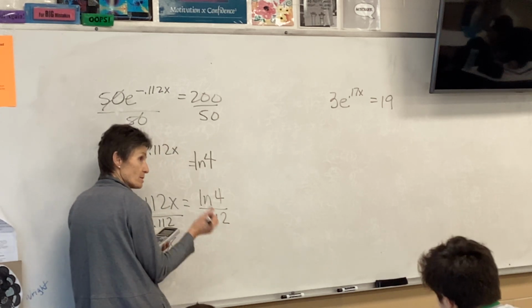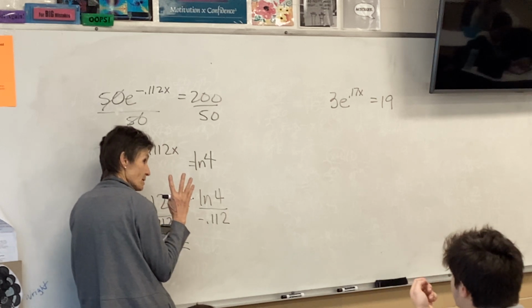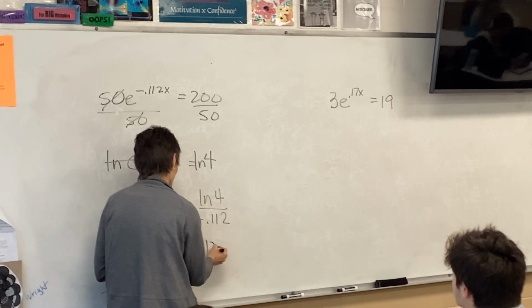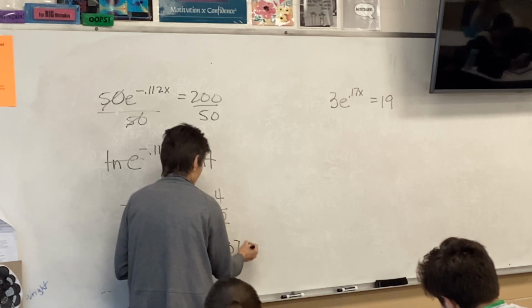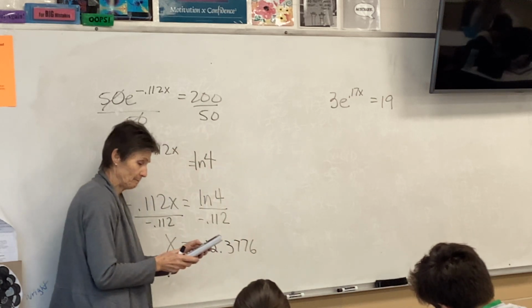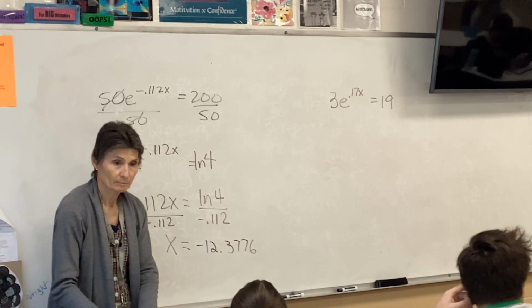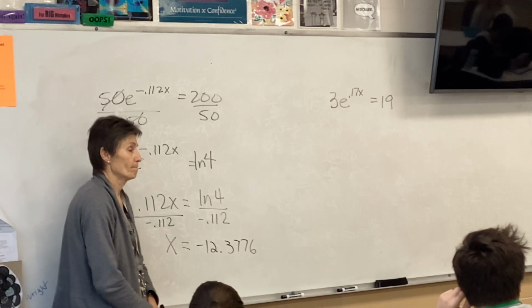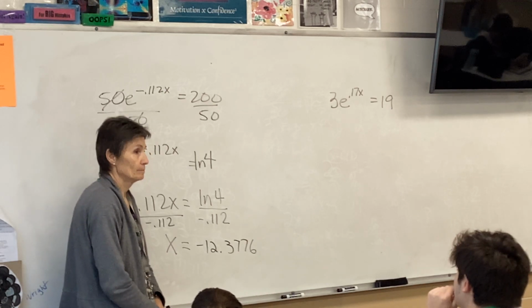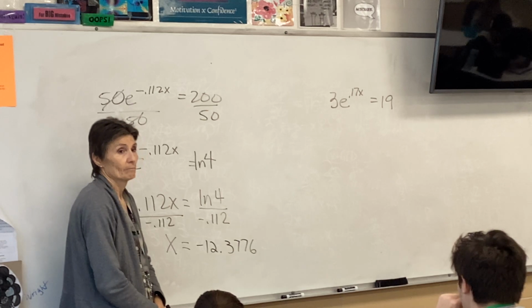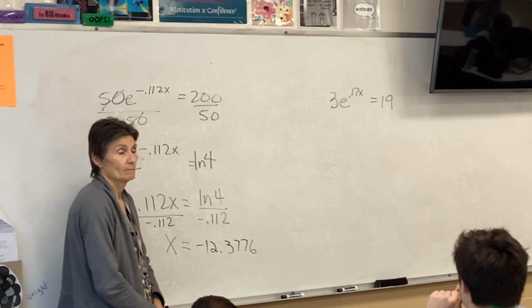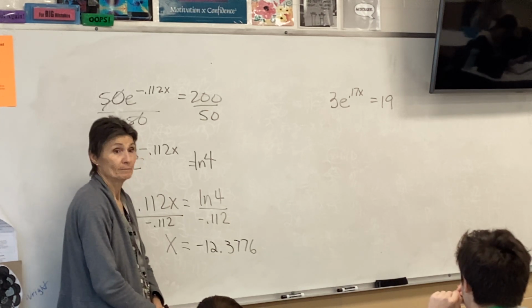Let's round to the nearest 4 decimal places, 10,000. I got negative 12.3776. Did anybody else get that? Yeah. Everybody good?